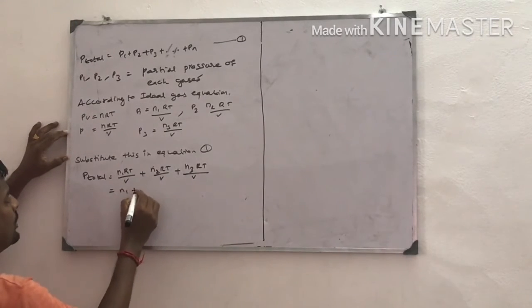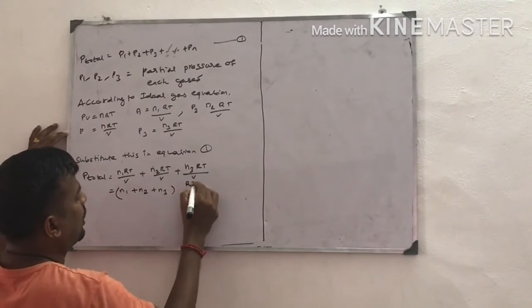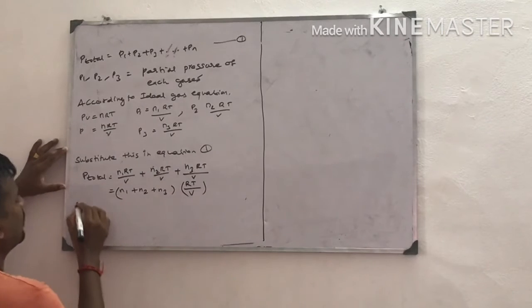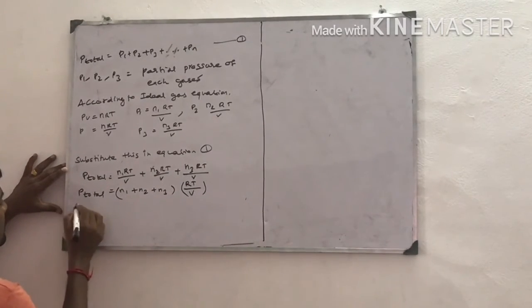Therefore, P total is equal to n1 plus n2 plus n3 into RT by V, since RT by V is common in all the terms. This is a rearrangement.